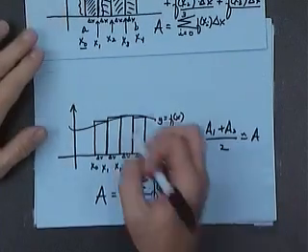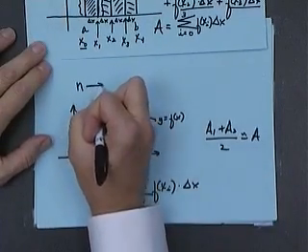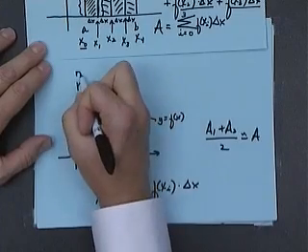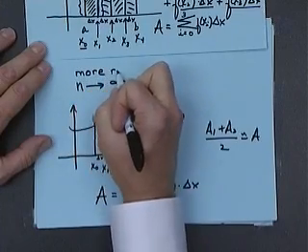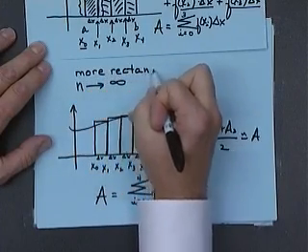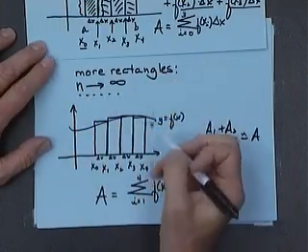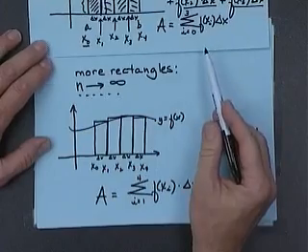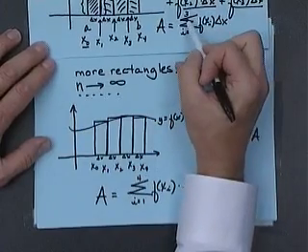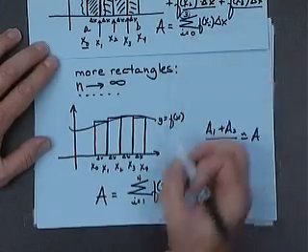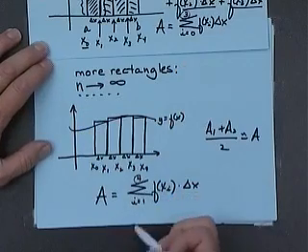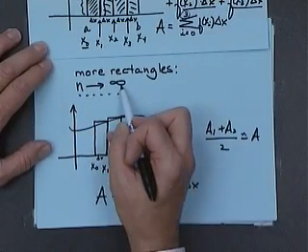So as we have more rectangles, notice what happens. n, which is the number of entries that we have, the upper number up here, this 3 and this 4, gets larger and larger and larger.